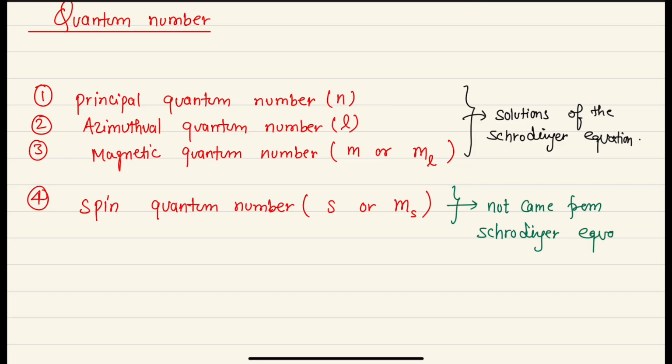Only 3 quantum numbers, that is n, l and m, came as solutions of the Schrodinger equation, and the spin quantum number did not come from the Schrodinger equation. Okay, fine.